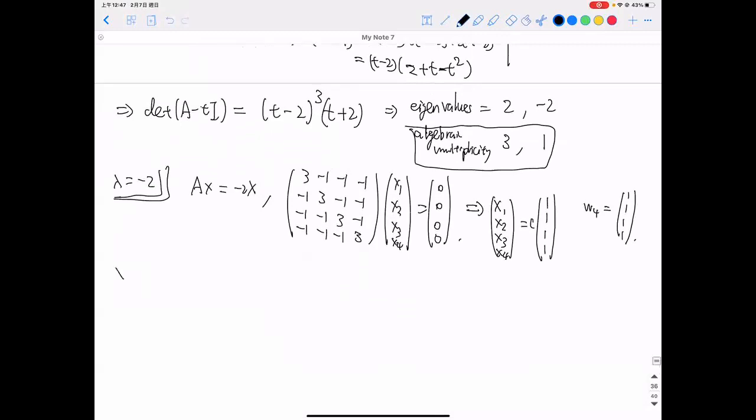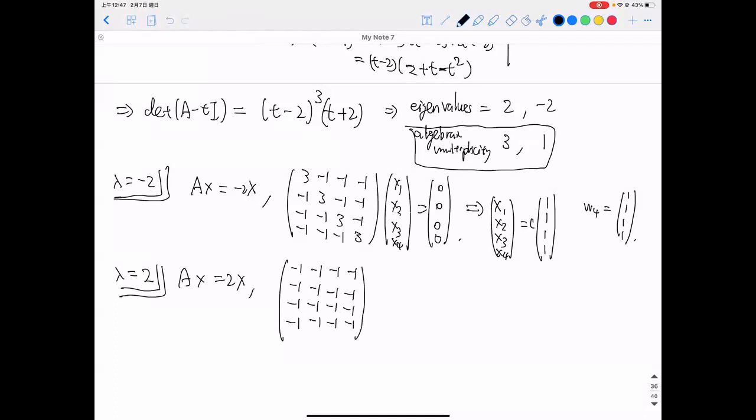Now we deal with the lambda equals 2 case. The system is AX equals 2X, or in other words, minus 1, minus 1, minus 1, minus 1. It's minus 1 everywhere, with 4 unknowns.